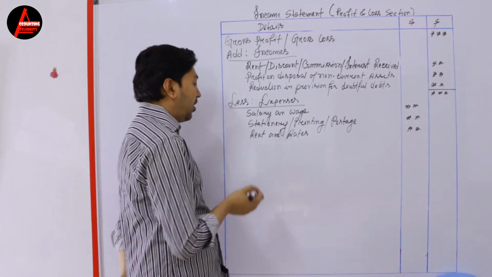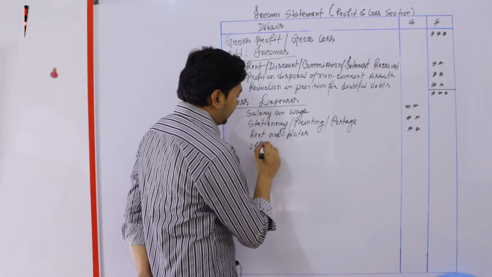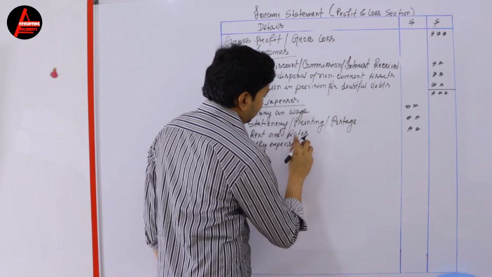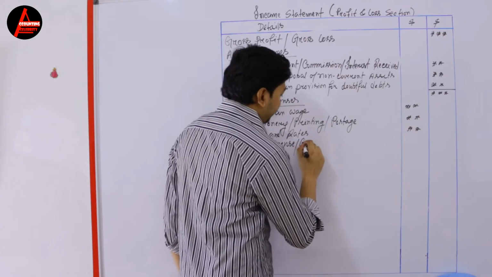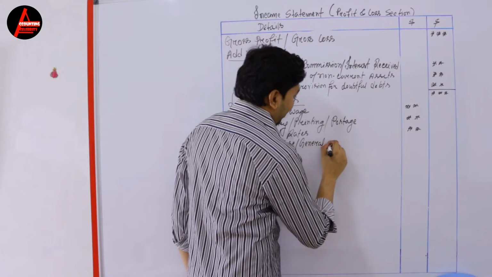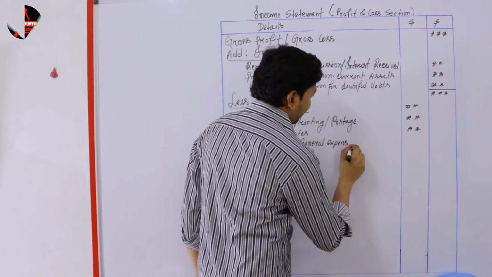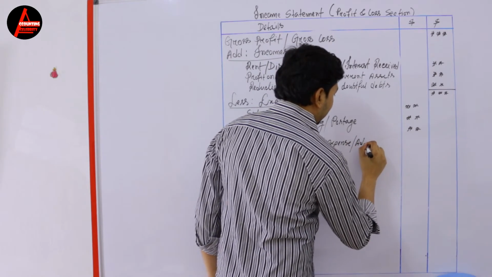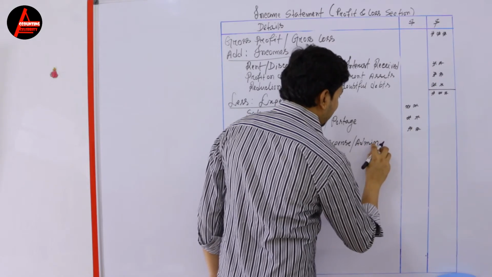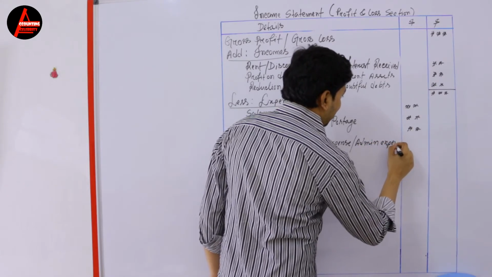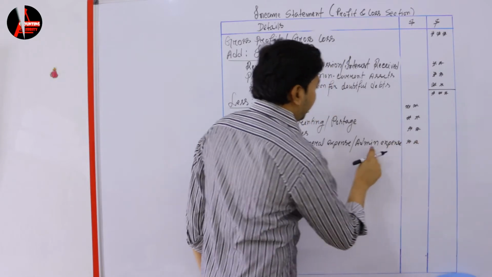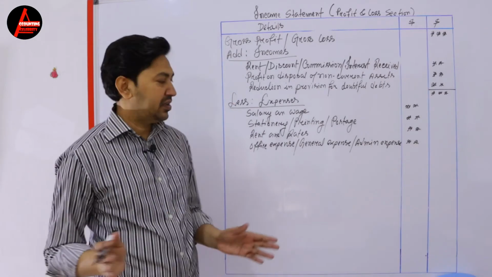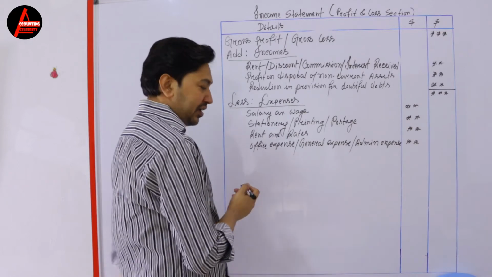Then if you have office expense, general expense, or administration expense, please write it here. Basically these are all the same: office expenses, general expenses, administrative expenses, sundry expenses, these all are the same. Okay, then what do you need to write here?